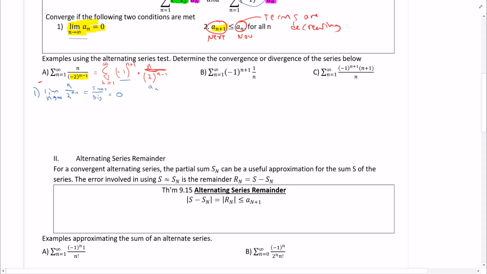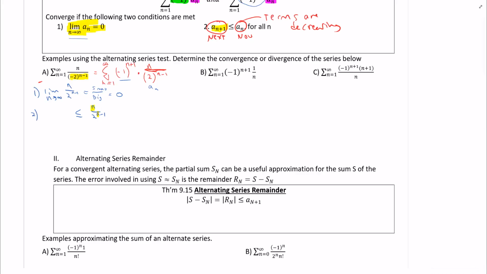And then we also need to check that the terms are basically decreasing, right? a_{n+1} is always less than a_n. So let's do a_n first. This is the nth term. What does a_{n+1} look like? Everywhere you see an n here, you're going to put n plus 1.